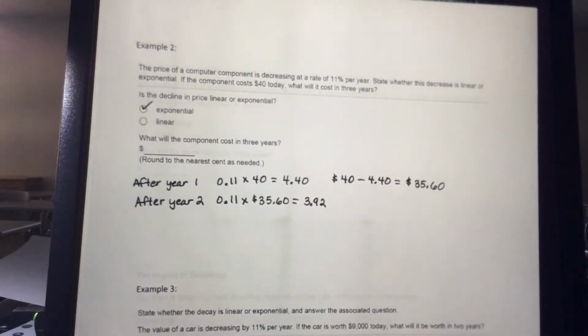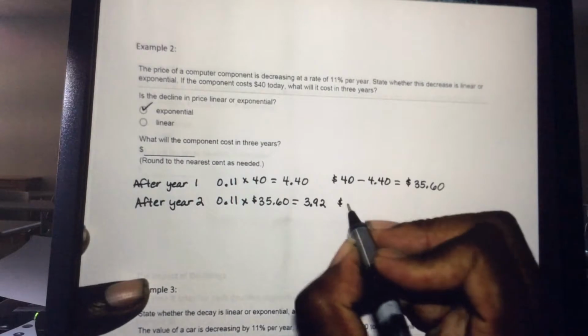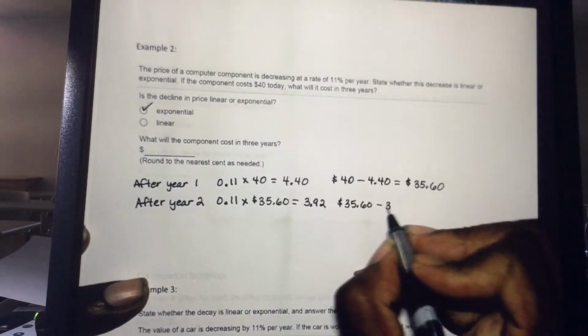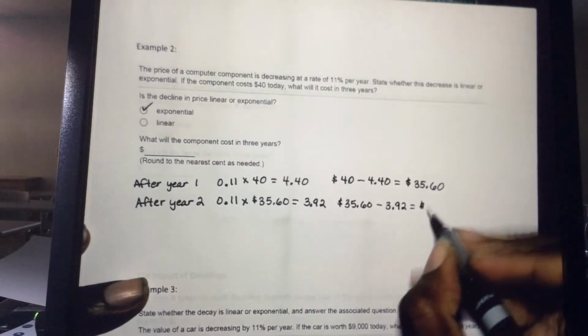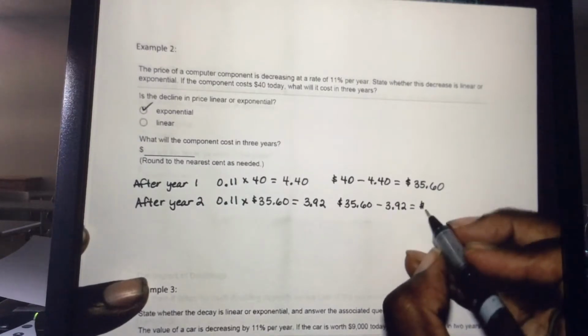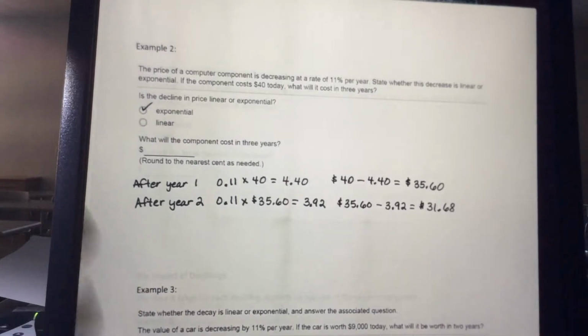That's the amount of the decrease after the second year. And now we're going to subtract $3.92 from the $35.60. If we subtract that, you'll end up with $31.68. That will be the cost of a computer component after the second year.